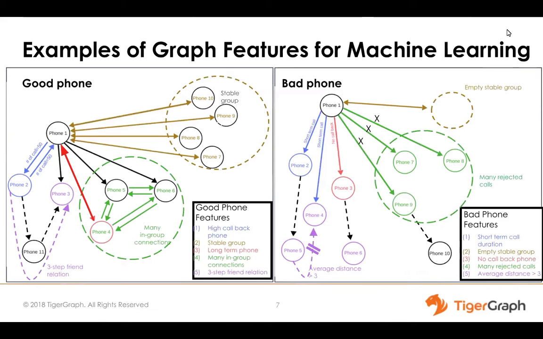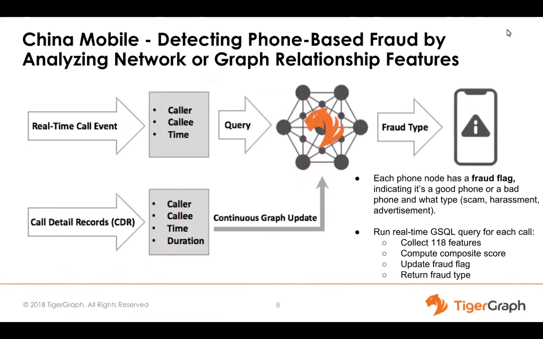If we go on to the next slide, this is a high-level view of how our system is used, and Dan will go into more detail later. I will start out by saying, on the left, you see a phone call being made, a real-time call event. We know who the caller is, who they're calling, and what time. The call isn't even finished. It's just starting, and it hasn't even been answered yet.